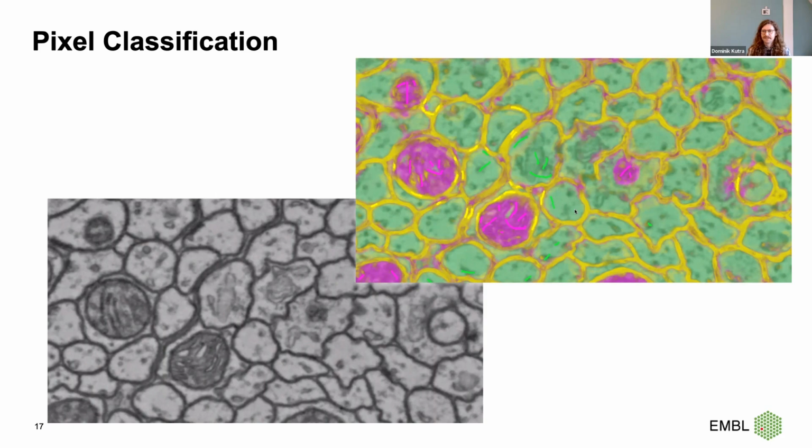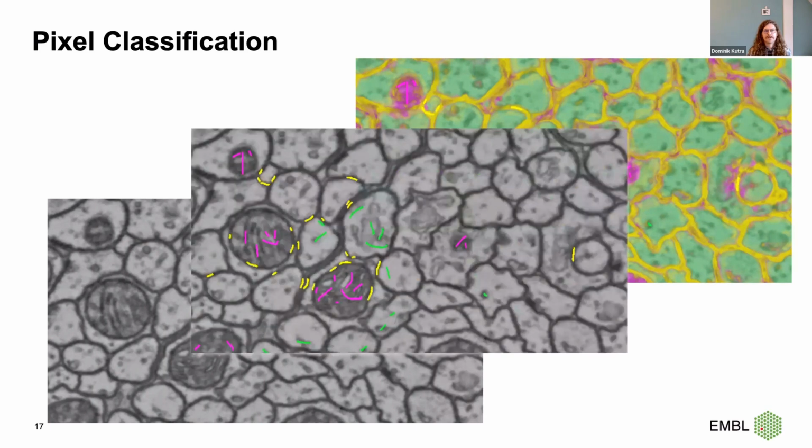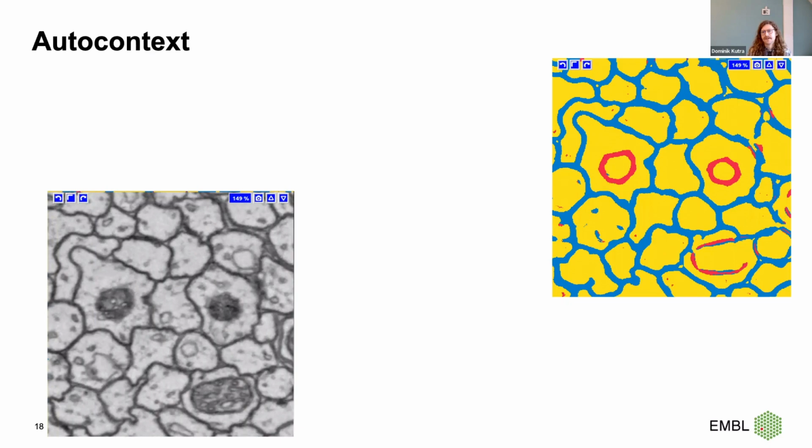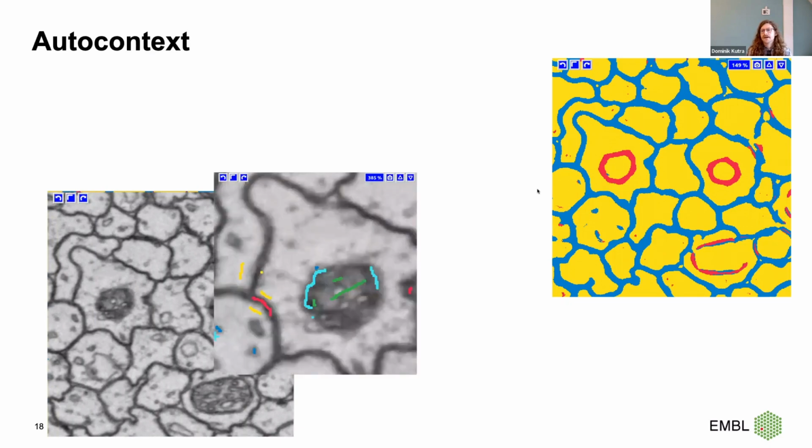So there is basically a next level of the same approach, which we call the auto context workflow. There you are again interested in semantically labeling all the pixels in your input image. You do pixel classification exactly like before: you do it once and mark all the different things in your image with different classes.